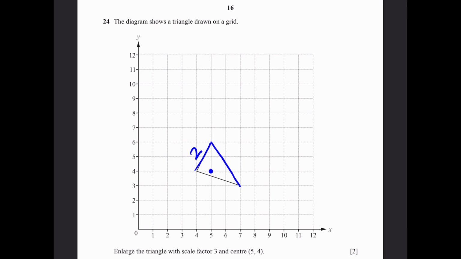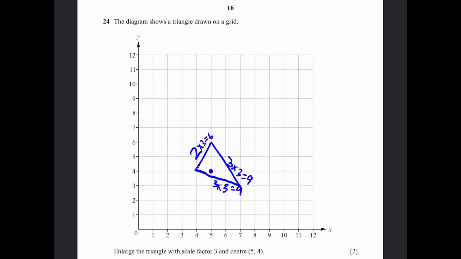This is 3 units. And this is also 3 units. So we need to multiply each of them by 3. And that'll be 9. That'll be 9. The sides we need are 6 units, 9 units, and 9 units.